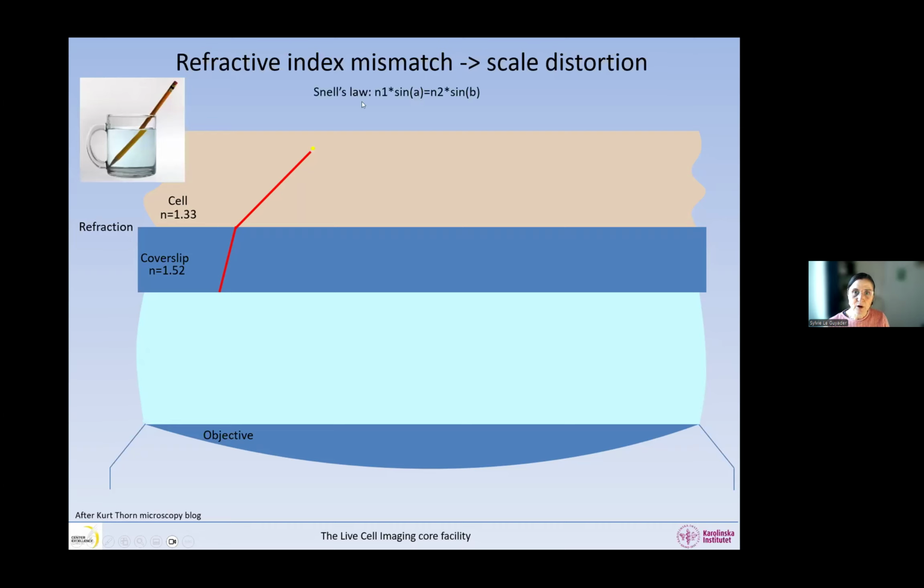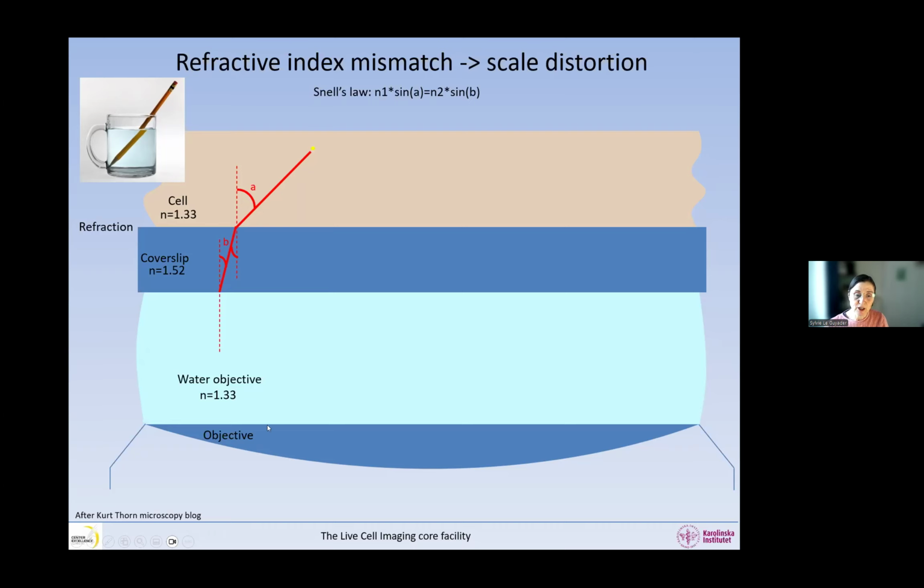And there is a law that says that the bigger the difference between these two, the more the refraction. Basically, that's what the law says. The law talks about the angle, the angle with the vertical, which is perpendicular to the cover slip. So here we come in with a certain angle, and then afterwards we have a different angle, which is smaller.